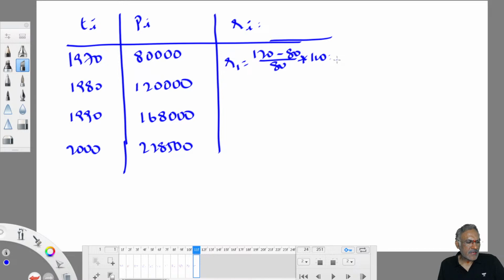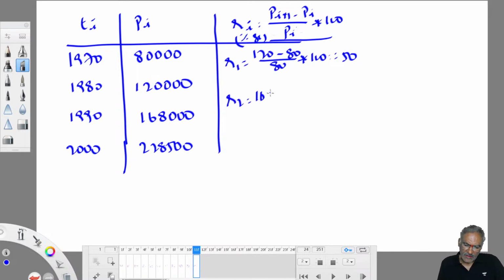That way you can also write 12 minus 8 by 8. So it is 50%. How to find out R values? P i plus 1 minus P i by P i into 100. This we work out in percentages. 50% between these two.